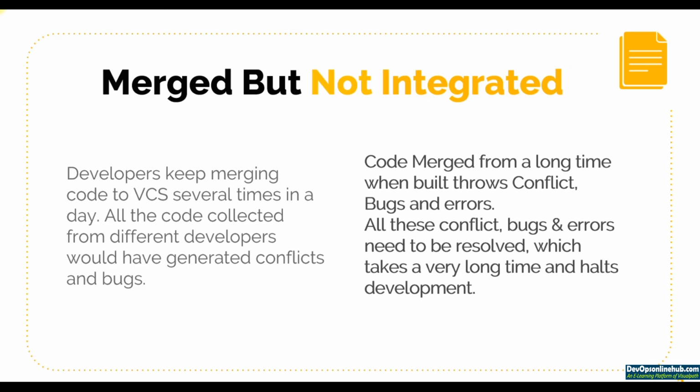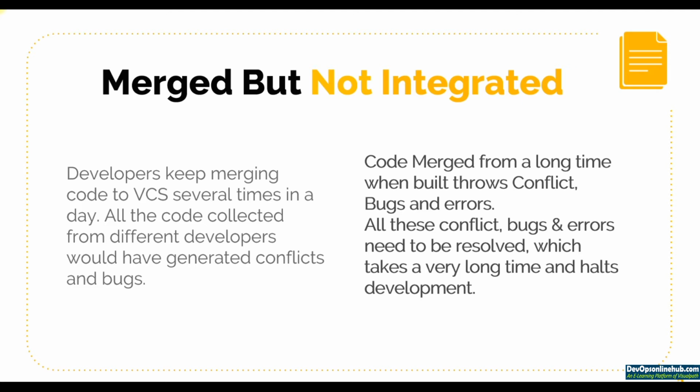If you keep doing it without integrating the code, without building the code together, if developers keep merging the code for a certain period of time, a week, 2 weeks or a month, and then after that the code is built together, that's the time when you will see a lot of bugs, conflicts and errors. And to resolve them, developers have to halt their development and work on resolving the conflicts, bugs and errors.